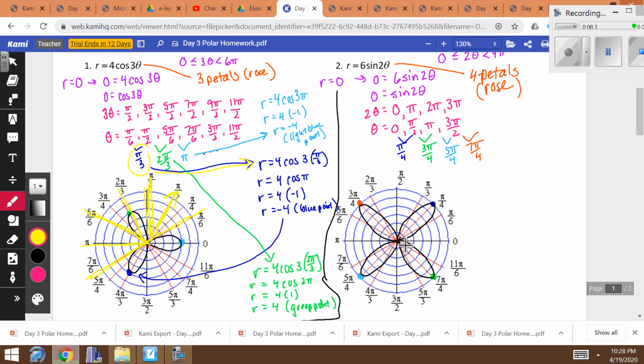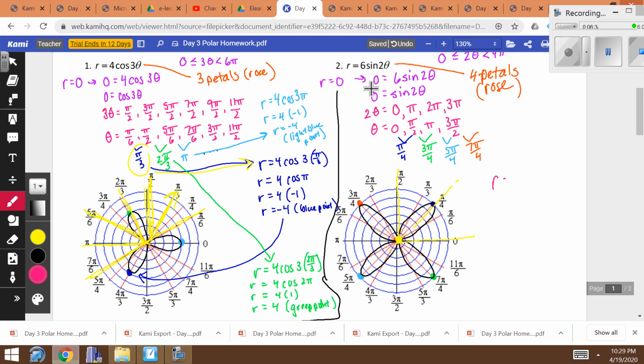So again, if we think about it, if we have one here at 0 and another at pi over 2, those points are right here at the center. But because of the symmetry that it has, we know that one of our petals is going to be halfway between at pi over 4. So if I plug in pi over 4, we can write it out even if you want to here.